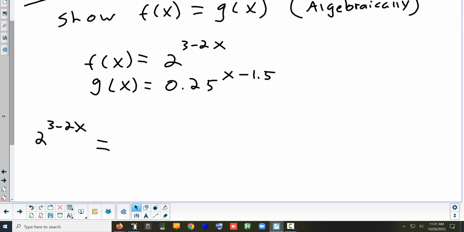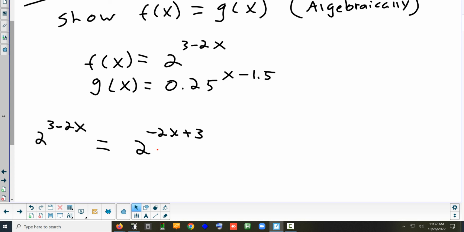Does anybody see something I could do, maybe focusing on the exponent first, to start to make the top one look more like the bottom? You could factor 2 out. Okay, we could factor 2 out, but I would also switch the order because the x should come first. So let's just fix the order.